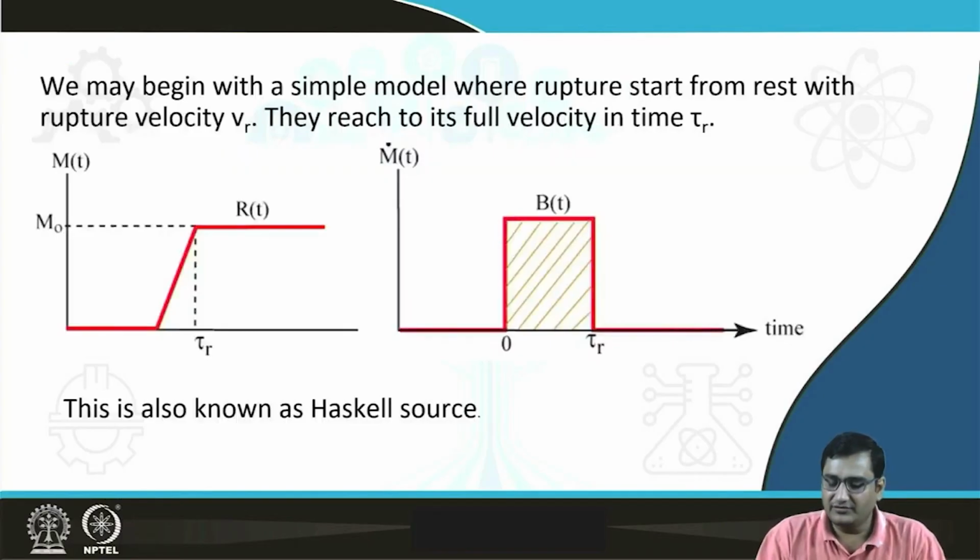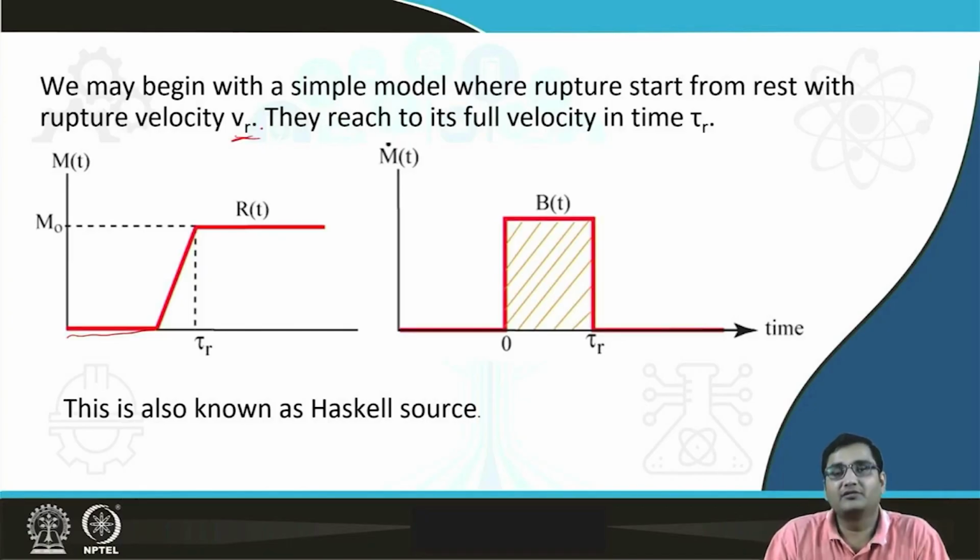Today we are going to start with learning about the source model, and we are going to start with a simple model where the rupture starts from rest and then propagates with a rupture velocity V sub r.